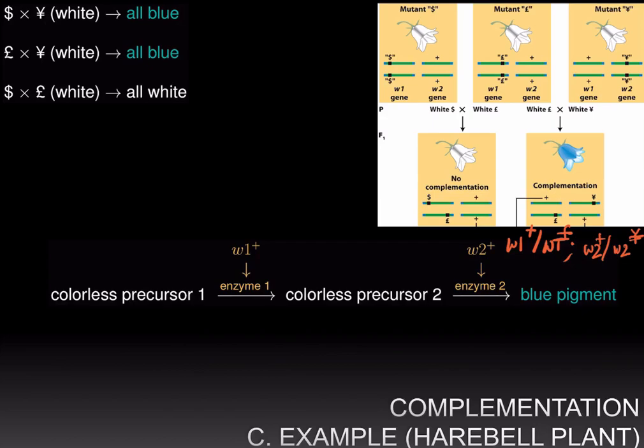So you have one wild type allele for both W1 and W2, and that means you have both the enzymes, and a colorless precursor gets converted to colorless precursor 2, which gets converted to blue pigment, and W1 and W2 complement each other.